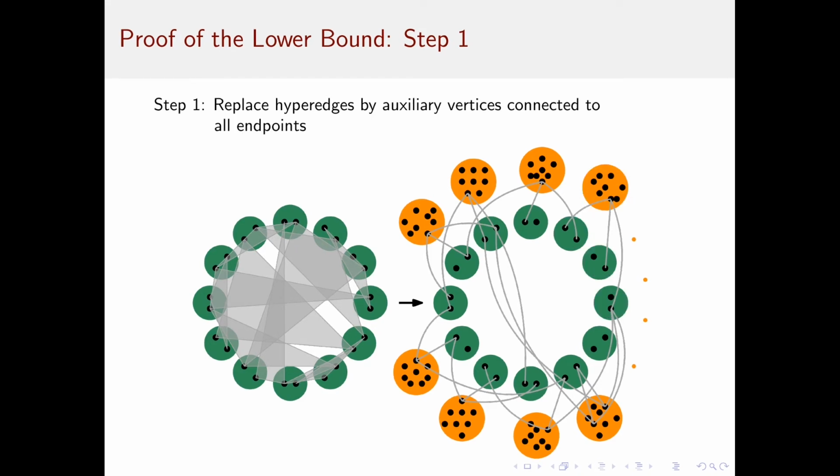Okay, and it's now not hard to see that these 2 instances are equivalent because the pattern graph over here encodes the exact same constraints as the hyperclique edges over here.